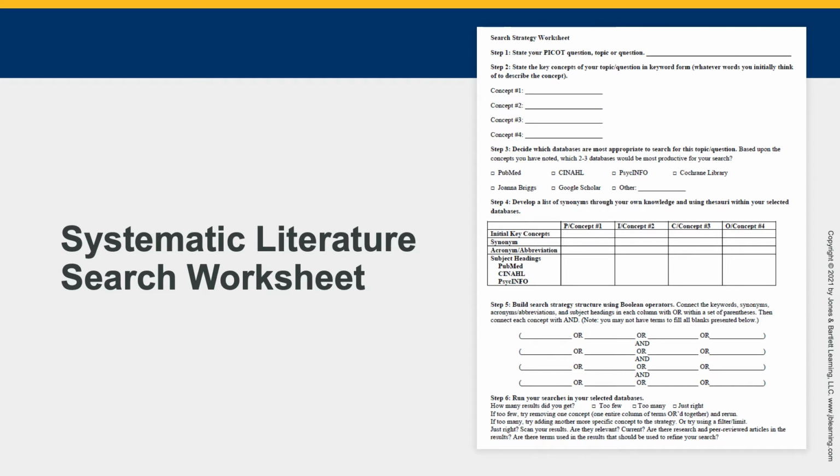It begins by telling students to identify their concepts, the P, the I, the C, the O, and then create synonyms. It walks them through using synonyms for those concepts. The next step helps them build a search using Boolean operators such as AND or OR, then identifying databases and recording the number of hits they get.